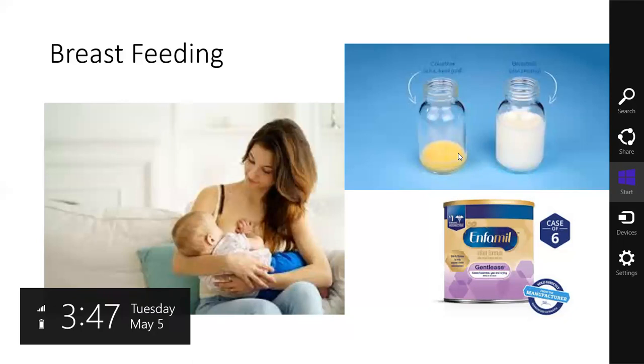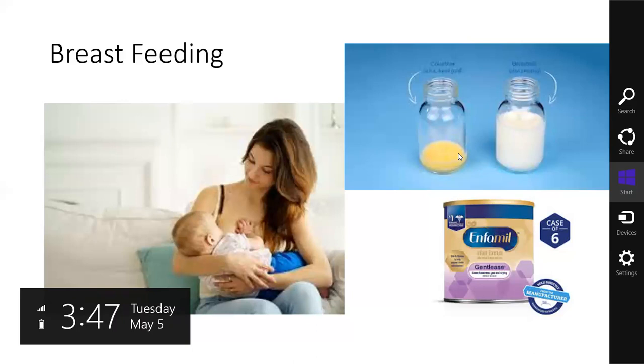So this is why it's important for a baby to feed on colostrum because basically it's going to give that baby an immune system boost for that first week of his life to help strengthen his immune system.